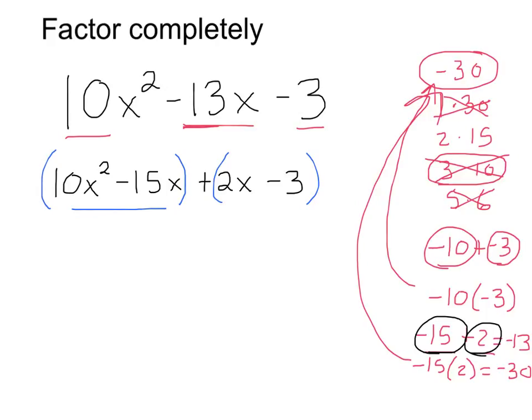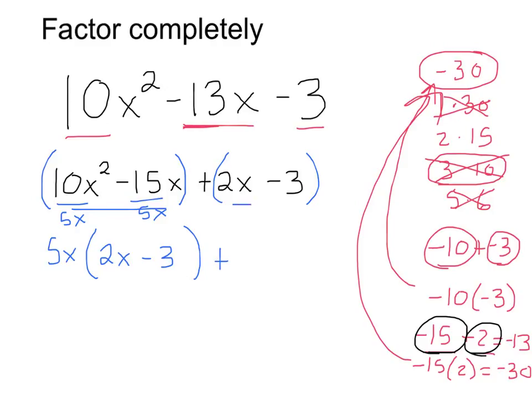See, they both have an x. X squared and x, so I can factor out an x. Also, 5 goes into both, so I'm going to write 5x. And then in my parentheses, when I divide this by 5x and I divide this by 5x, what's my result? 2x minus 3. 2x minus 3, good.